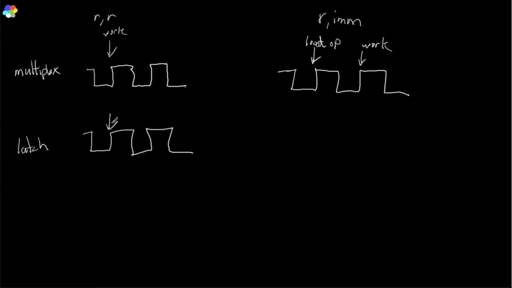So the first one is now going to be load op and then work. And this one's just going to be ditto. So this doesn't change here, but now your register takes 2 cycles. What I thought, and what does work, is you can do this.